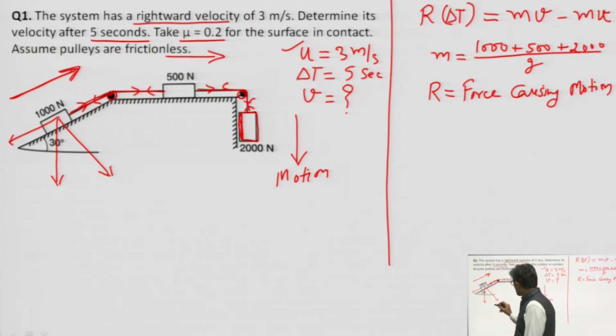So, what will be its value? Its value is 1000, since this angle is 30, and that angle is also 30 degrees. So, it is 1000 cos 30, which means 866 Newton. And this other component is 1000 sin 30, which means it is 500.